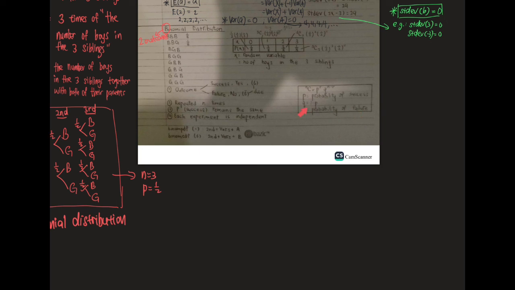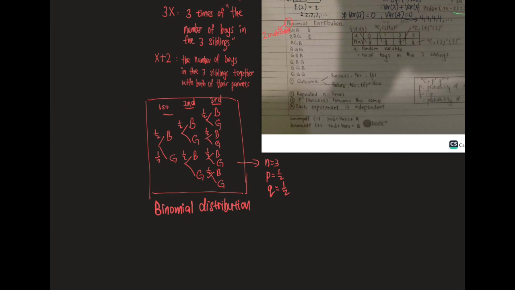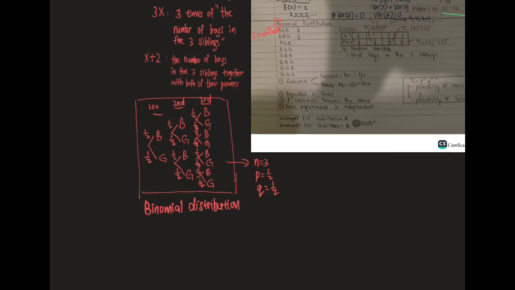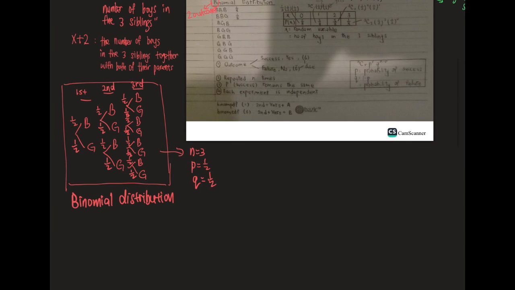That means probability of getting a girl, no? So the probability of getting a girl is also 1/2. As you can see, wherever you consider your tree diagram, the probability of girl is just 1/2 also, which is 1 minus P. So 1/2. So you have N, P, and Q. Each experiment is independent.